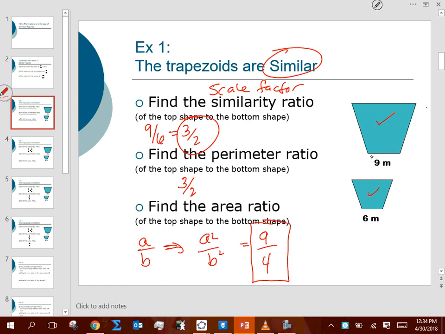If I knew some more lengths, okay, and I was able to calculate the area of this and calculate the area of that, we would find out that they compare in this ratio to one another. Okay, what that means to me is that, let's say that this is a trapezoid that I'm trying to paint.